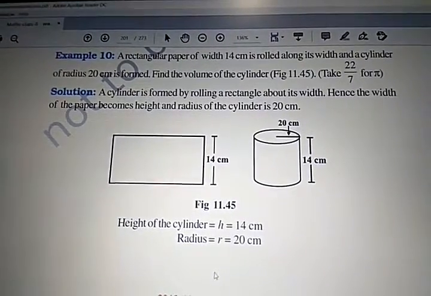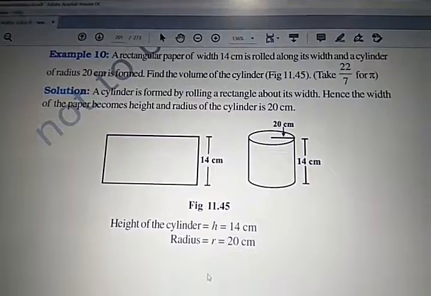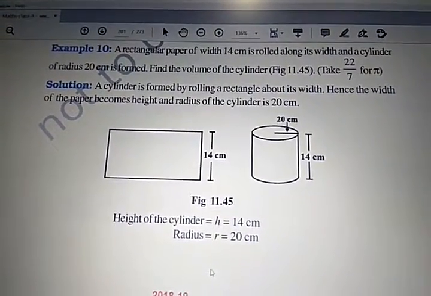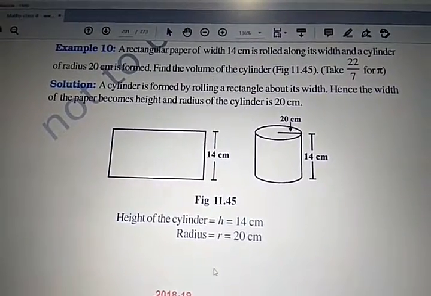Look, you have a rectangular sheet. This is a rectangular sheet. Its height, means its breadth, is 14 centimeter. So students, look, the breadth becomes the height, 14 centimeter, right?